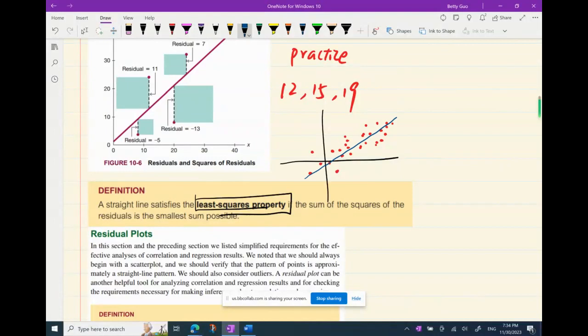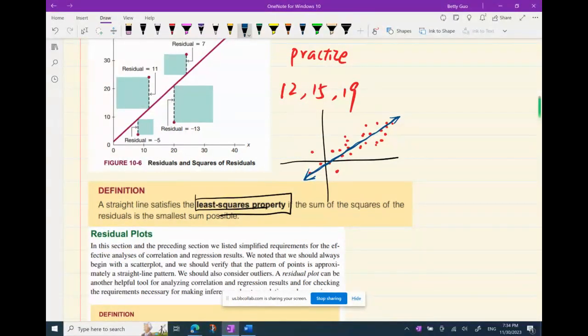There's only one straight line that best fits the linear pattern. The reason this specific line best fits the linear pattern is because the sum of the squares of the residuals is the smallest.